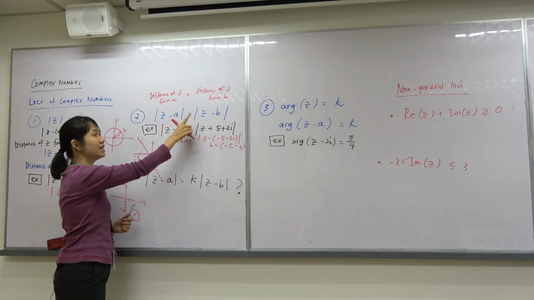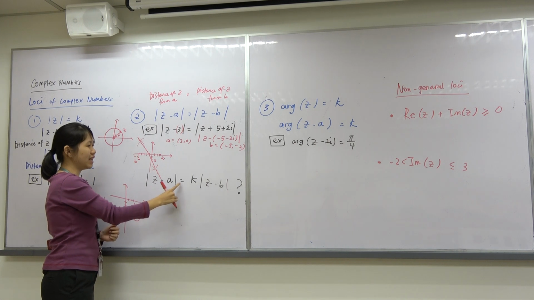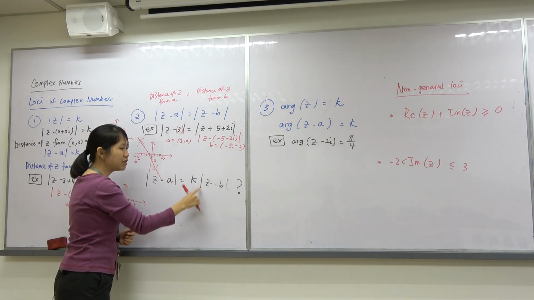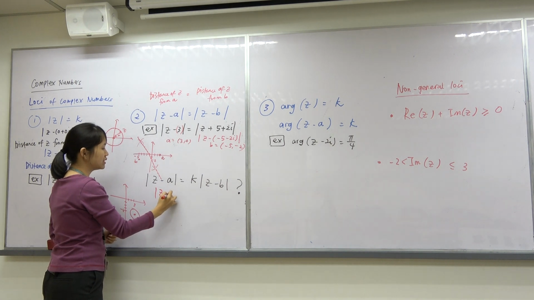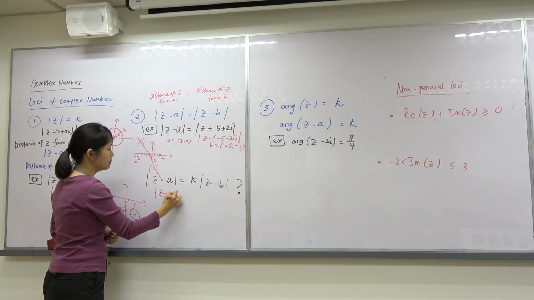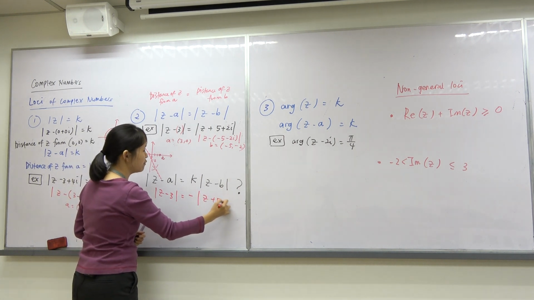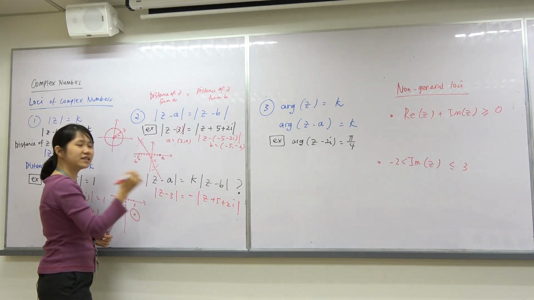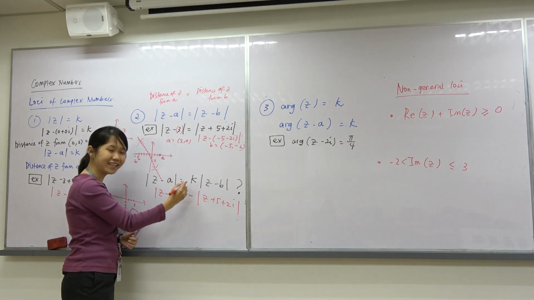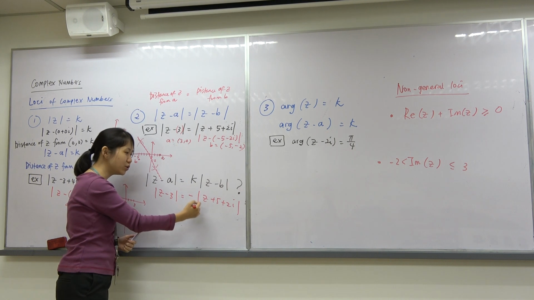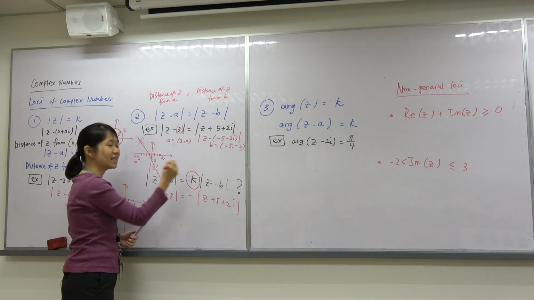But what happens if it is the modulus of z minus A equals k multiplied by the modulus of z minus B? Say for example, it is modulus of z minus 3 equals negative modulus of z plus 5 plus 2i. The moment you see something like that, the moment you have got k, which is not 1, it could be negative 1, negative 2, negative 4, 2, 4, it could be any number at all for this k.